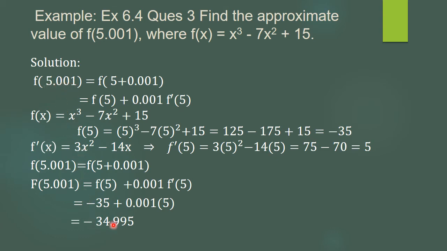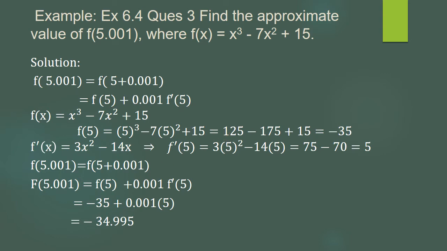This is the approximate value. Otherwise, replacing 5.001 here and making it cube would be a tedious job, and for that we use this to get the approximate value. This value is not the exact value but the approximate value.